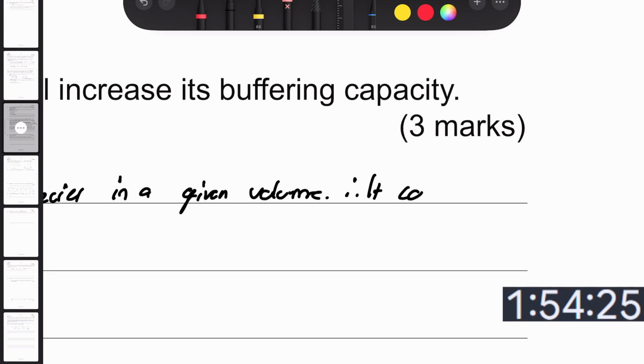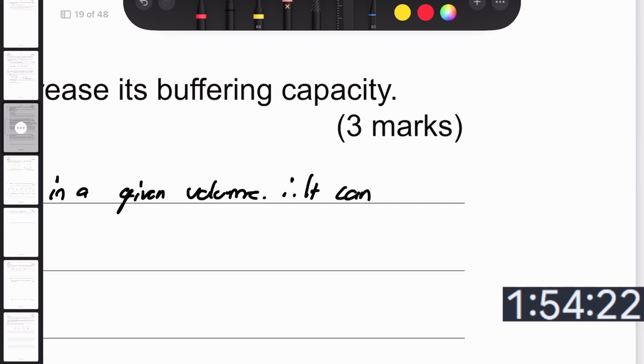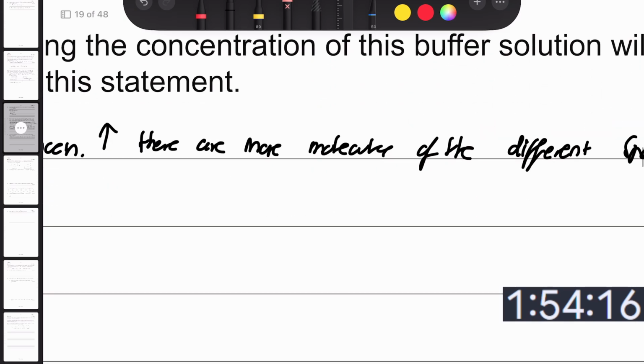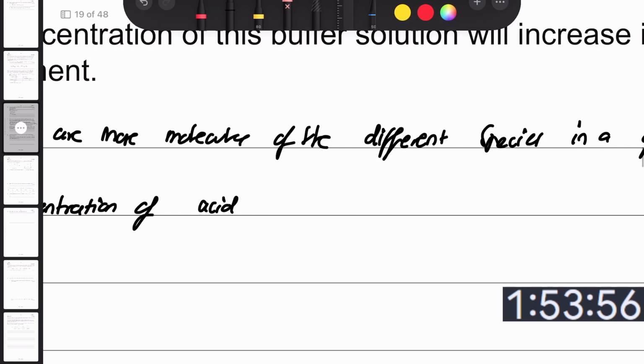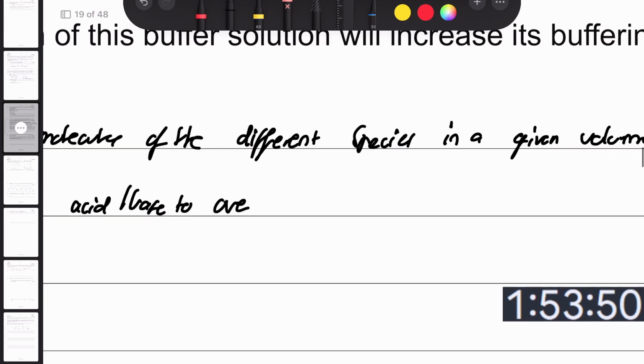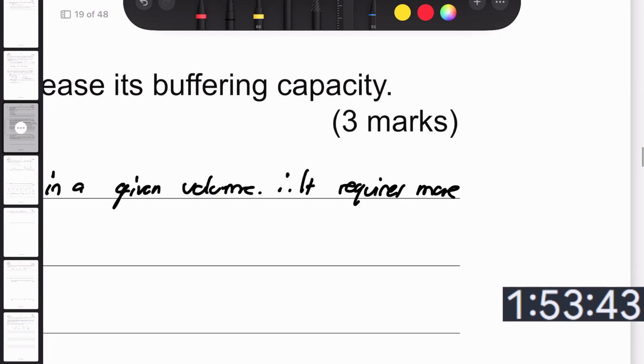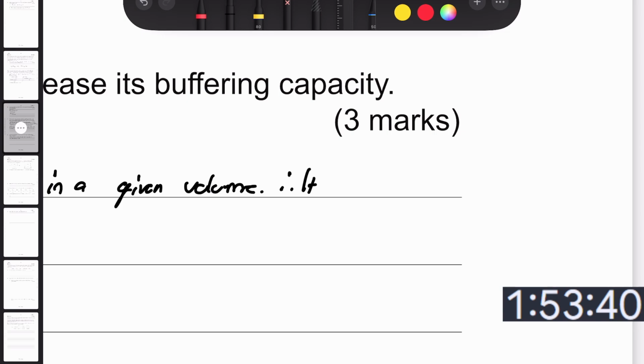Therefore, it requires more volume of a certain acid, more volume or higher concentration of acid/base to overcome the buffer, or I can say the buffer can withstand more.